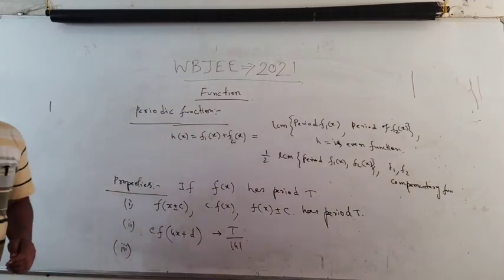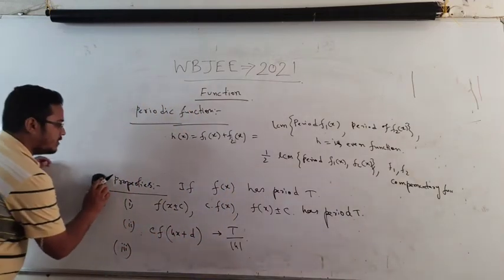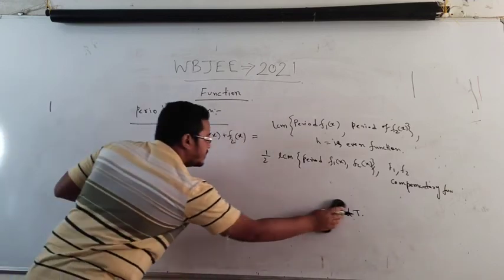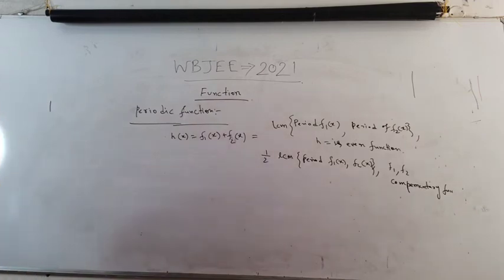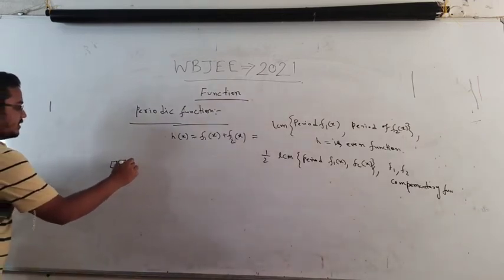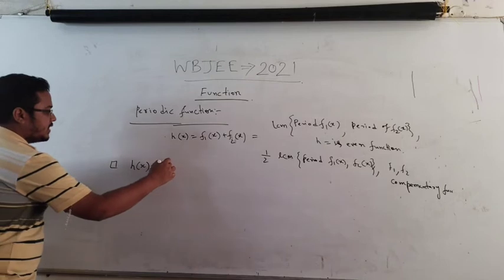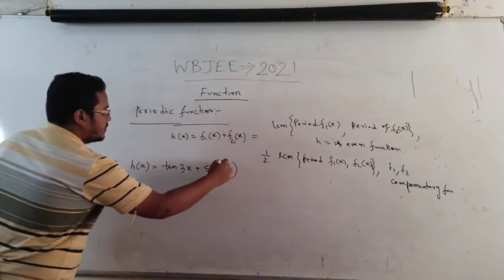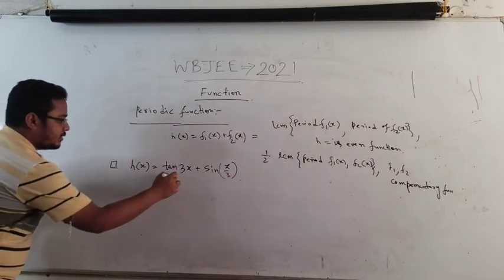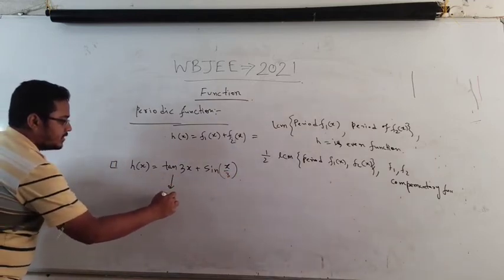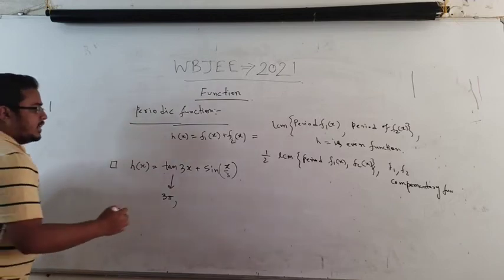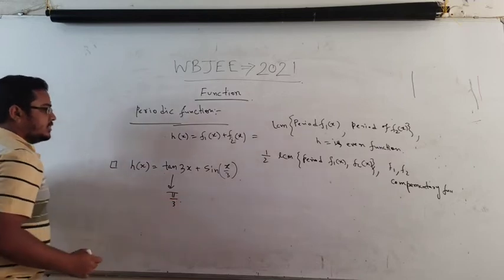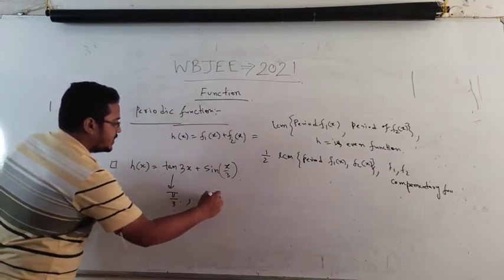So let's take an example for a clear vision. We will take two examples. Let's say h(x) = tan 3x + sin(x/3).